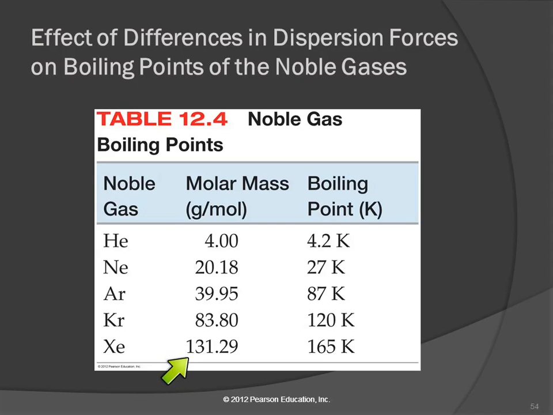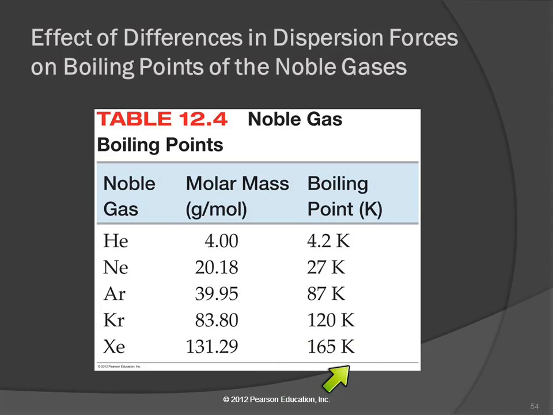As we go down the group in the periodic table, we've learned the size of the atom gets larger. The molar mass also gets larger. And look what happens to the boiling points. Helium boils at 4.2 Kelvin. That's 4 degrees above absolute zero. It's hard to get liquid helium. But neon boils at 27, and argon at 87, and krypton at 120, and xenon at 165.